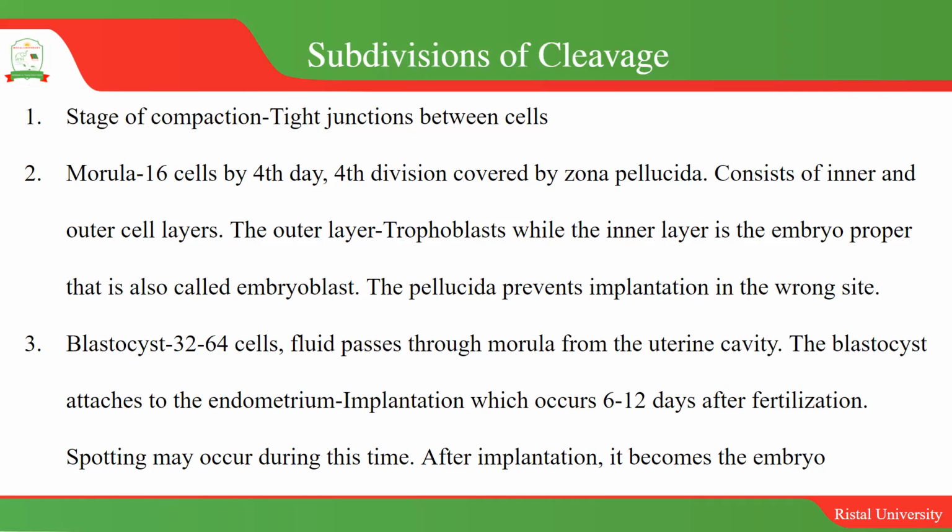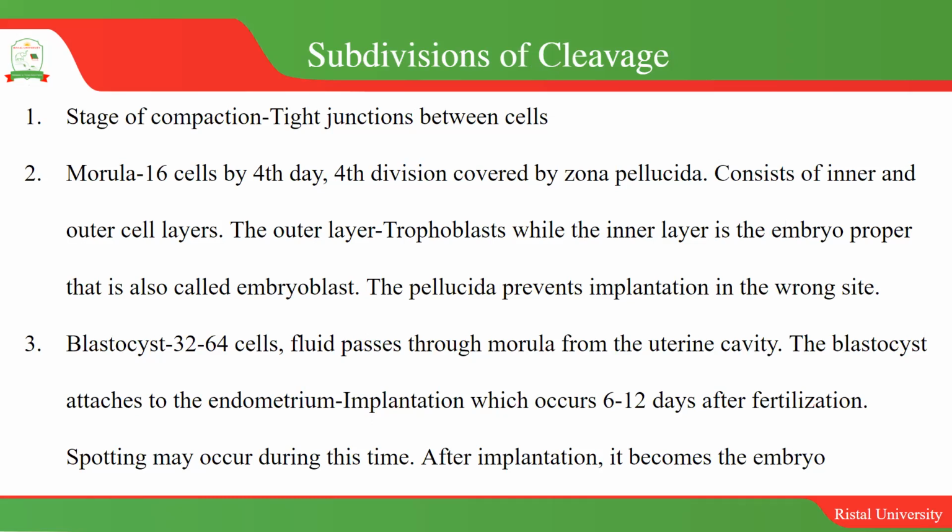The morula can consist of 16 cells by the 4th day after fertilization. And by the time we have 16 cells, we have had about 4 cell divisions, and still covered by the zona pellucida, which we said should disappear during implantation.